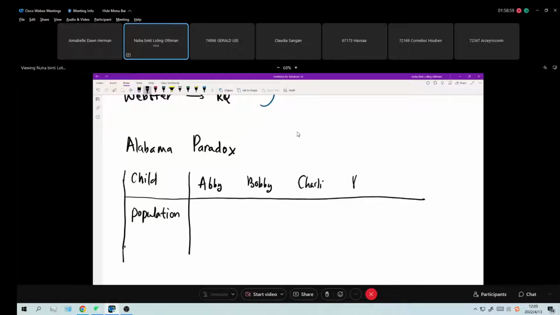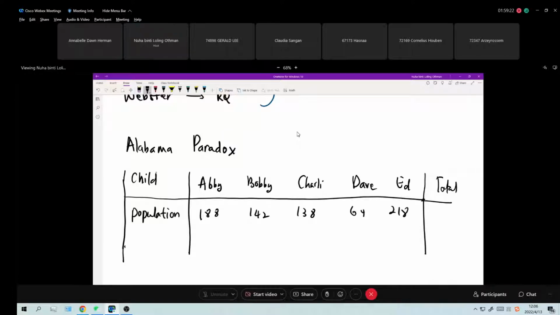You have Dave, and you have Ed. Okay, this is the total. Based on this, the population is 188, 142, 138, 64, and 218. So this is the first example of the Alabama paradox.